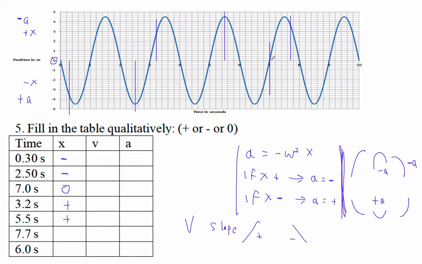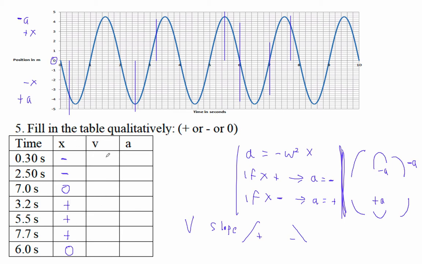All right, 7.2, 0.4, 0.6, 7.7. X is positive. Right, the X is pretty easy, right? It's just graph reading. Then at 6 seconds, X is 0. All right, so we figured out positive, negative, or 0 for X, right?